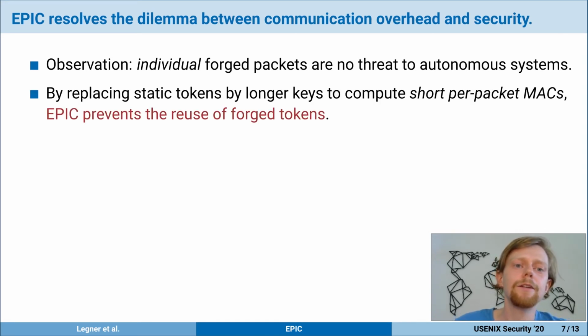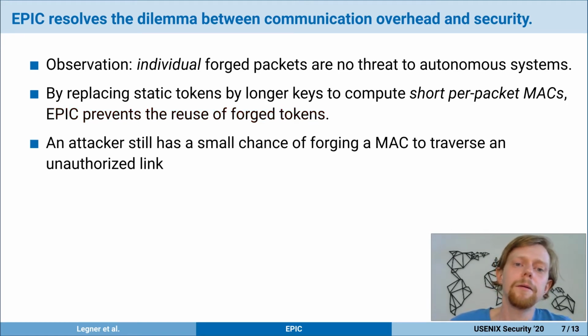So instead of using static tokens that are used, for example, by SCION, EPIC uses longer keys that are subsequently used to compute short per-packet MACs that cannot be reused to send additional packets.